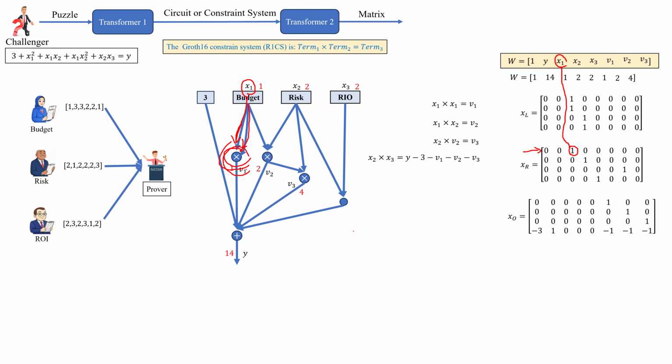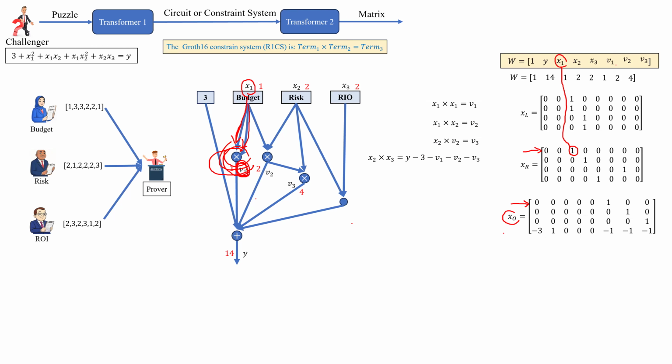Okay, so what about the output of gate 1? This is the matrix related to the output, and this is the output of gate 1. We see that the output of gate 1 is V1, right?